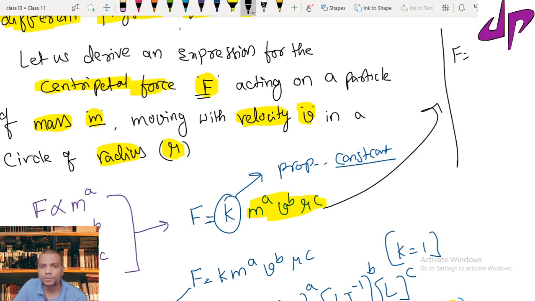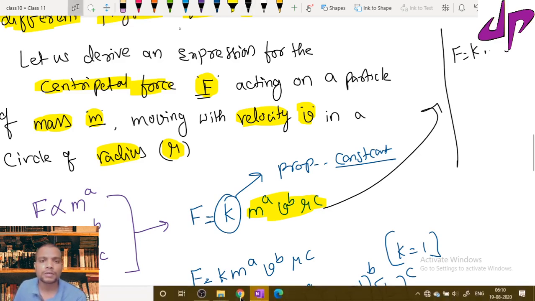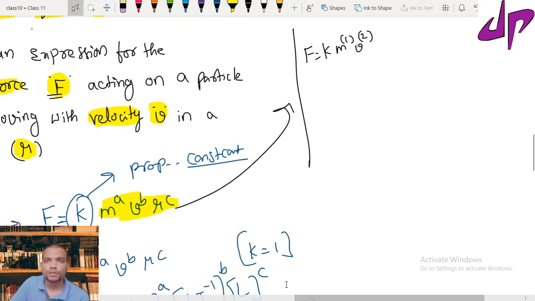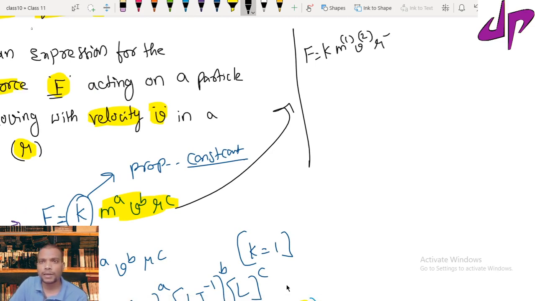F equals k times m, in the place of the power of m, a value goes to 1, b value goes to 2, and the value of c gives minus 1, so c is power minus 1.